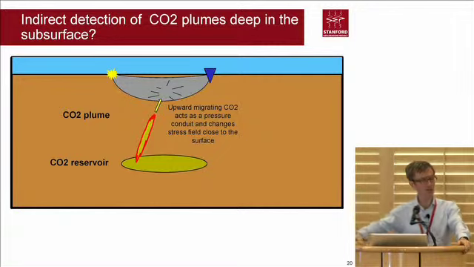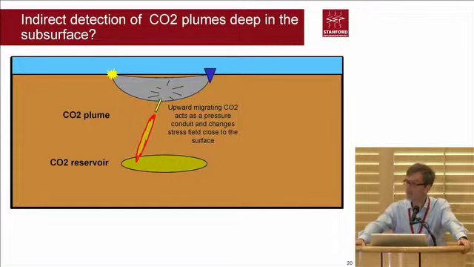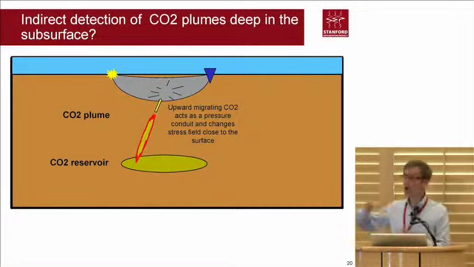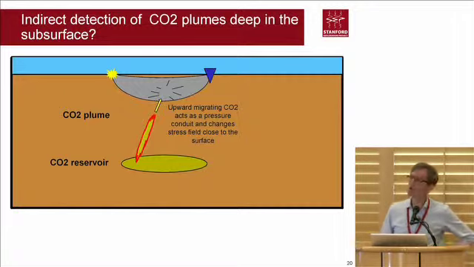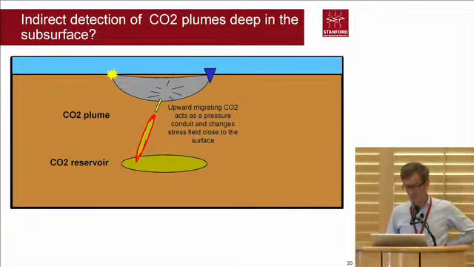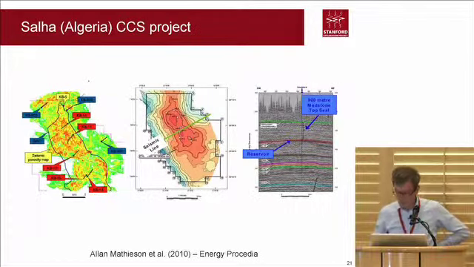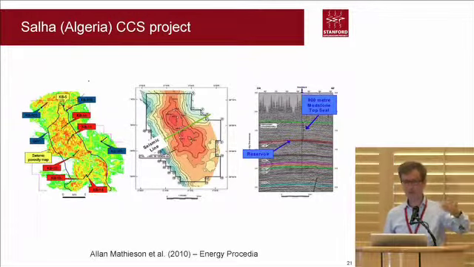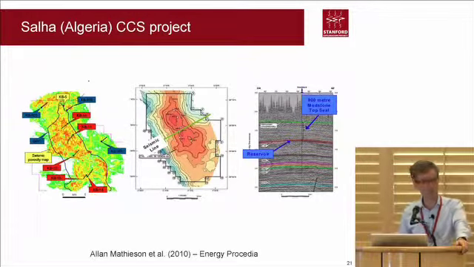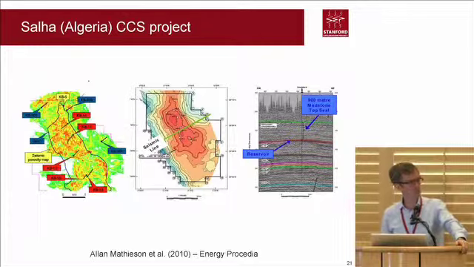So maybe even when it's still kilometers down in the subsurface, we can see that something is happening, something is changing in the subsurface that maybe warrants, again, an active data set, by looking at the effect of a change of stresses in the near surface on the passive data. Now, this idea of being a pressure conduit and seeing the effect of CO2 pumped down in the subsurface at the surface has still not been proven in practice.